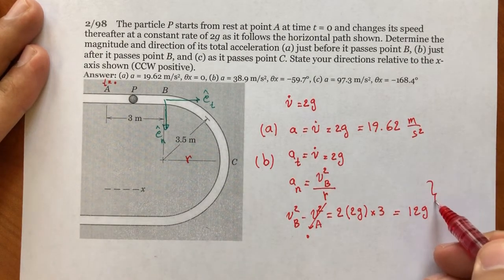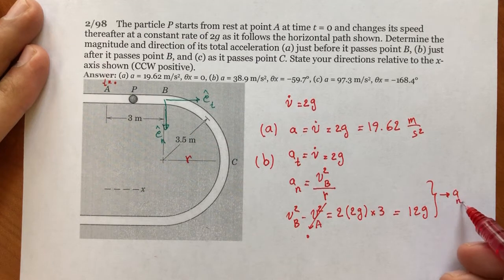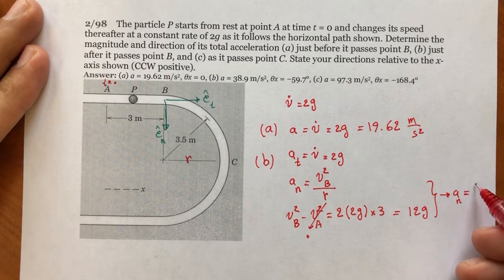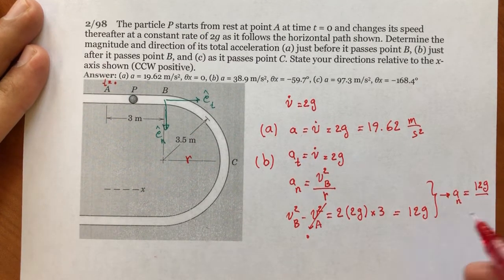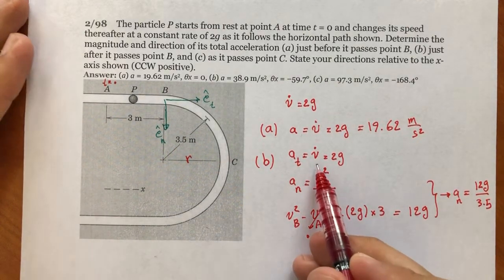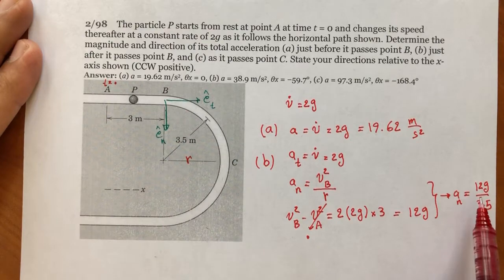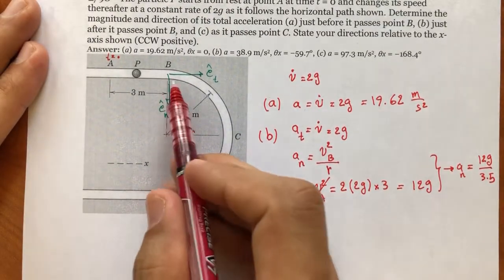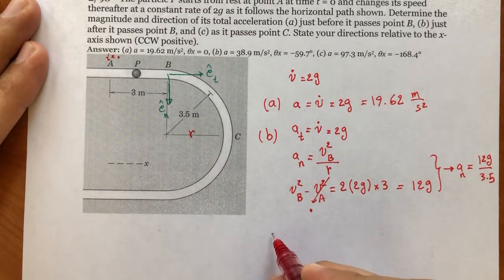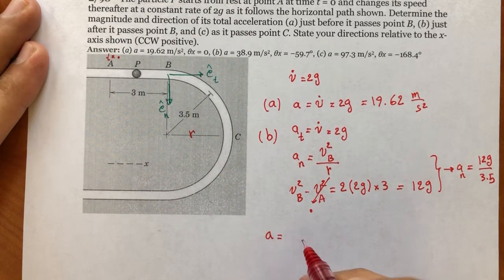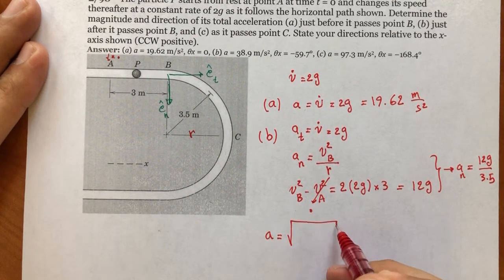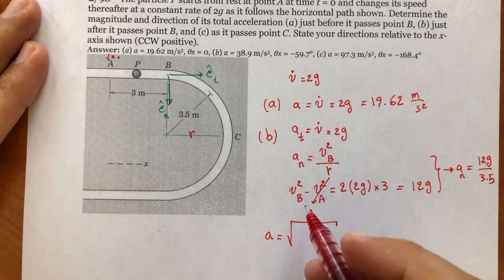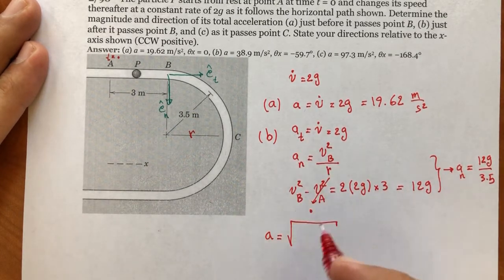So from these two, acceleration in the normal direction is going to be 12g divided by r, which is 3.5. So this is acceleration in the tangential direction, and this is acceleration in the normal direction. The total acceleration is going to be a combination of these two vectors. So the magnitude of it is going to be the square root of a_t squared plus a_n squared.